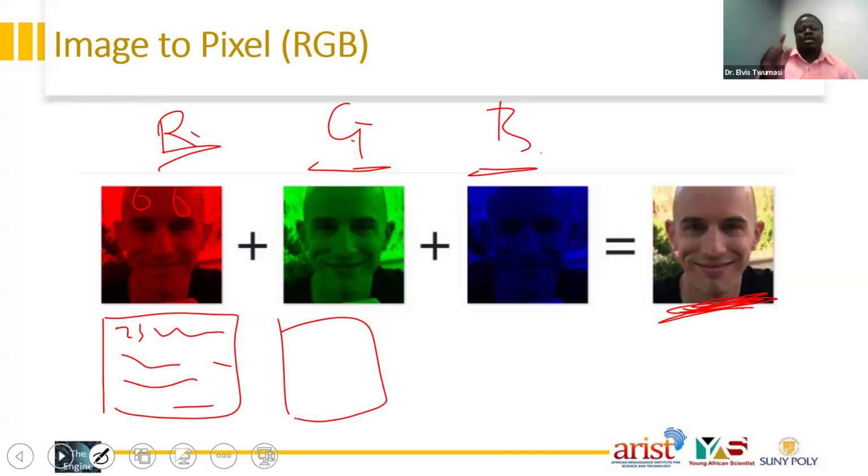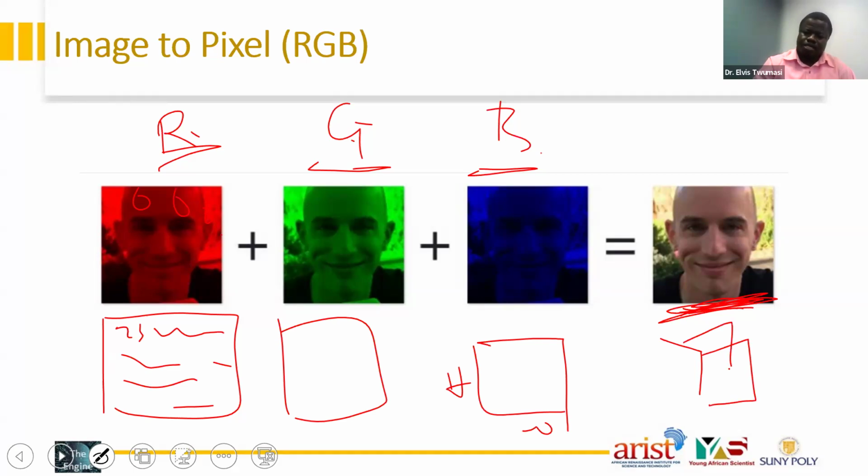So if it's a colored image, it will not just be a height and a width image. It will be a three-dimensional image like this. There will be a red pixel part, a green pixel part, and a blue pixel part. When I put a number here, a number here and a number here, I get a color here. When I put other numbers here, I get a different color.